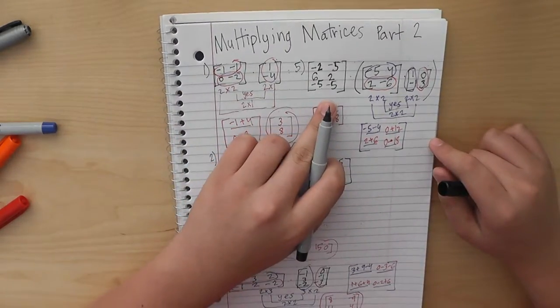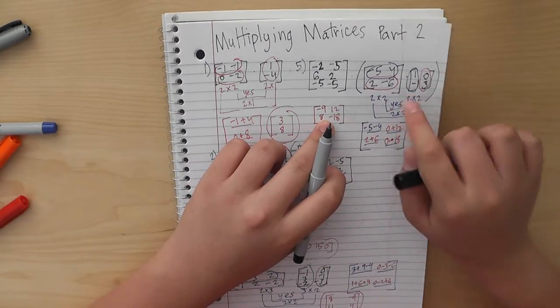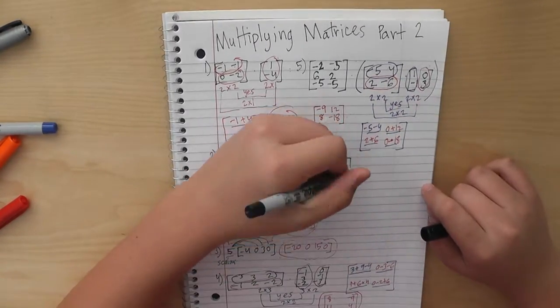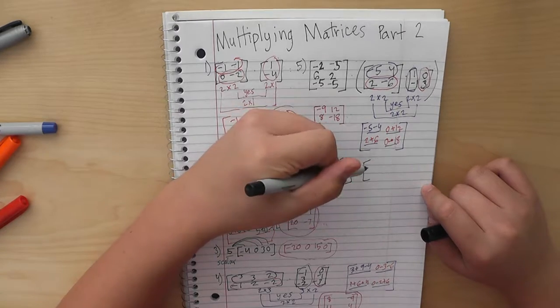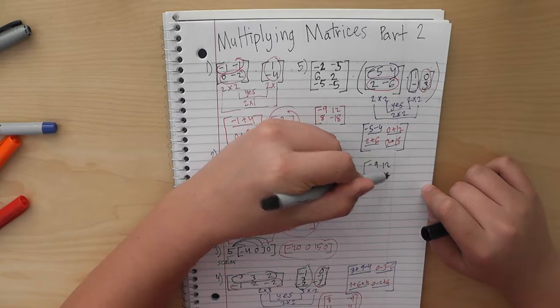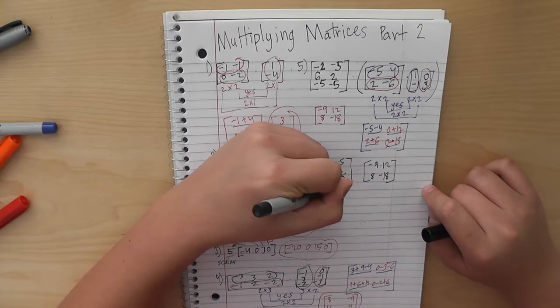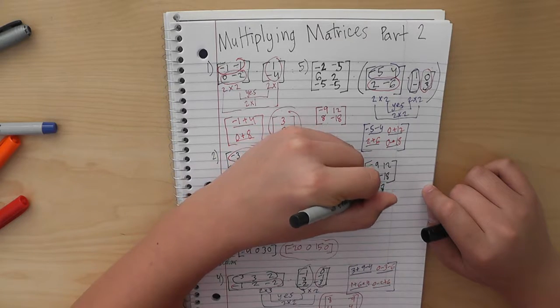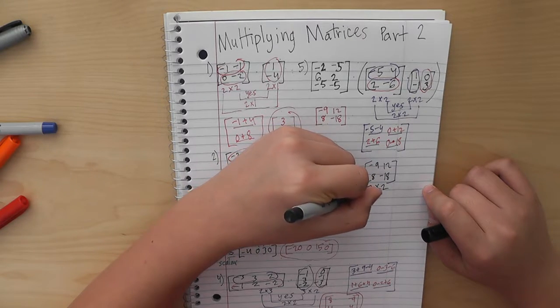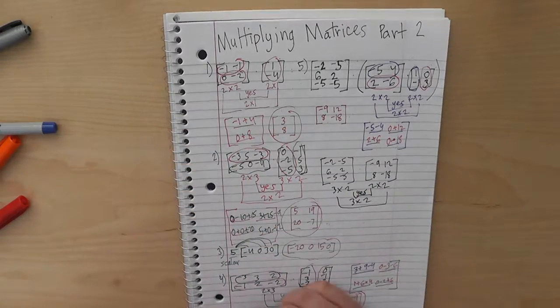But since this is on the left, and then this is for the parenthetical part, you have to put it on the right. So this is a 3 by 2, and a 2 by 2. So yes, then it's going to be a 3 by 2 matrix.